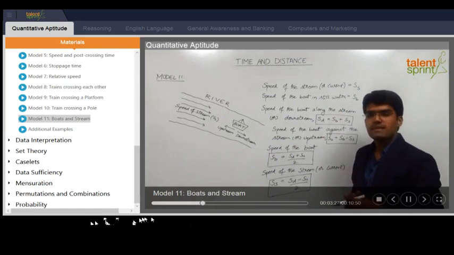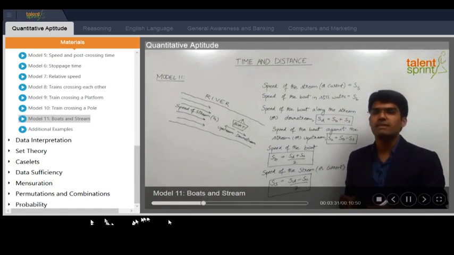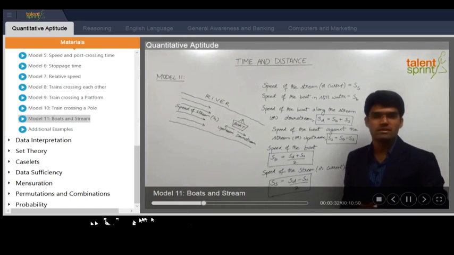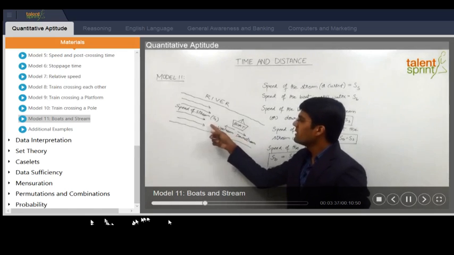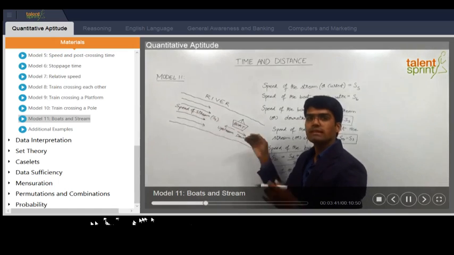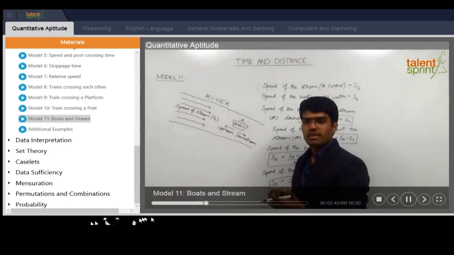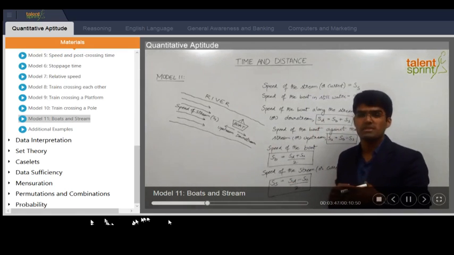Before we take up some examples, let me draw your attention to one very important point so that there is no confusion while solving the questions. If you observe, when the boat is going upstream, the direction of flow of water and the direction of flow of the boat are opposite to each other. Now in the previous cases, we have learned that whenever two bodies are moving in opposite directions, the relative speed should be taken as the sum of the speeds.